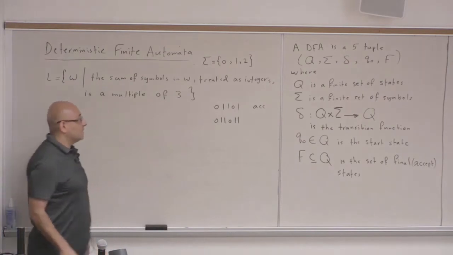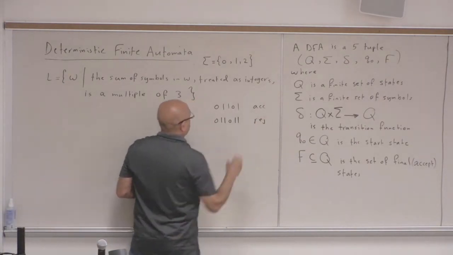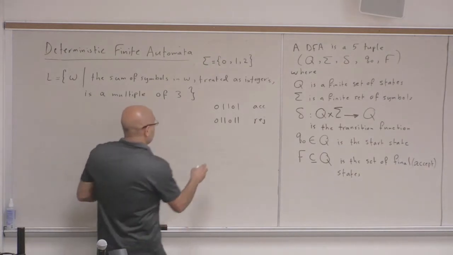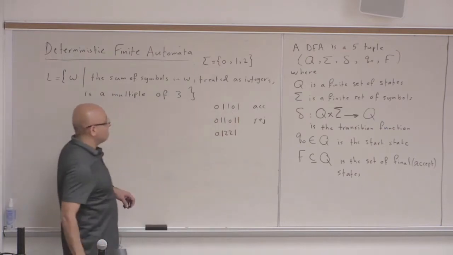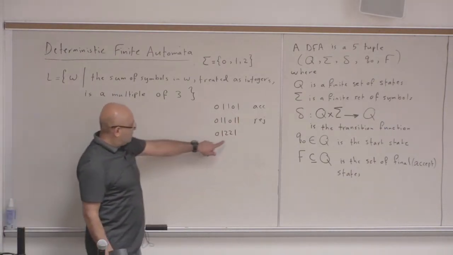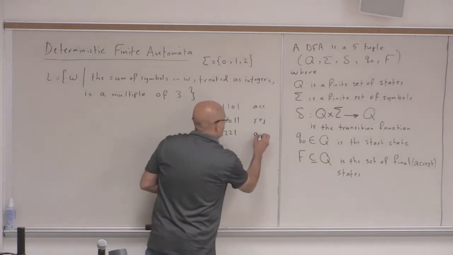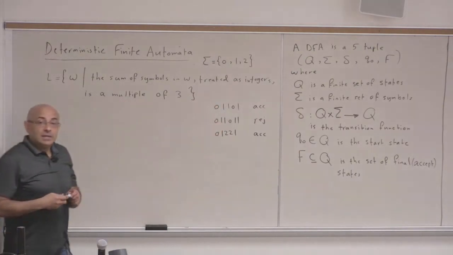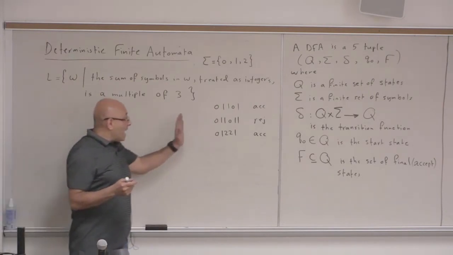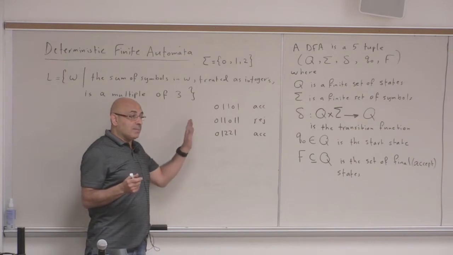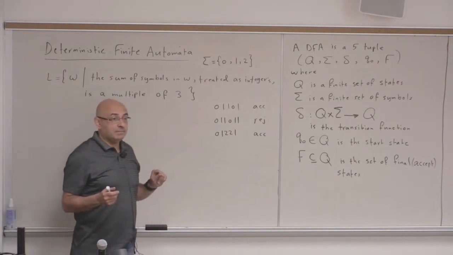The sum is 4, so this is reject. What if we have 1, 2, 2, 1? The sum is 6, and 6 is a multiple of 3, so this is accept. So now we're not counting ones or zeros, we're computing a sum, and we would like the sum to be a multiple of 3.